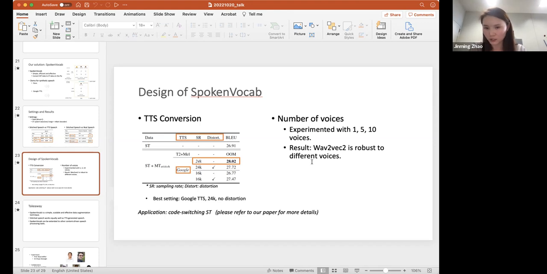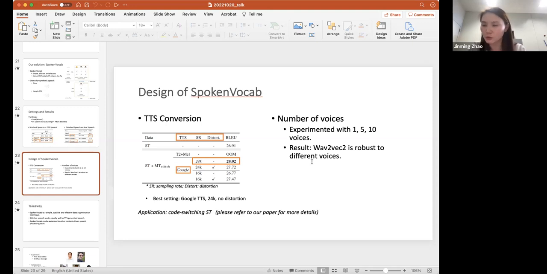Actually, after I got the results, I went to the literature to see what others say about this phenomenon. From one paper I read, the representations of Wav2Vec2 have actually removed speaker information.